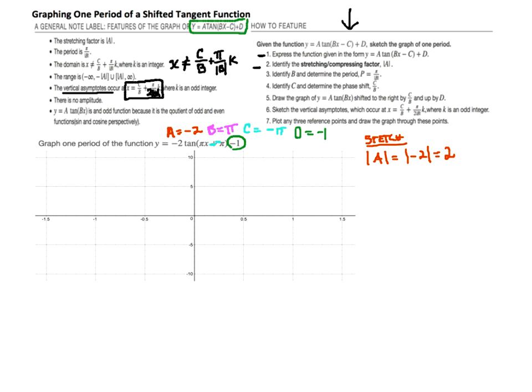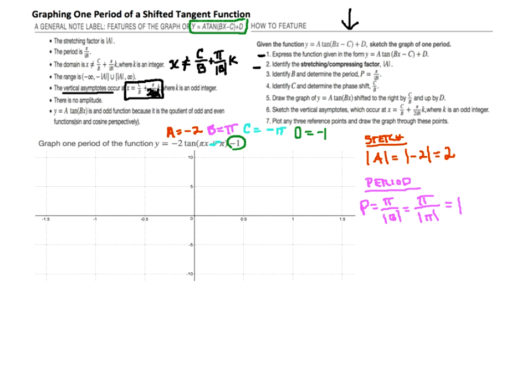So my period equals pi divided by the absolute value of b. That is pi divided by the absolute value of pi. So that's just pi over pi, so that's 1. There we go. Now we're starting to get somewhere here.